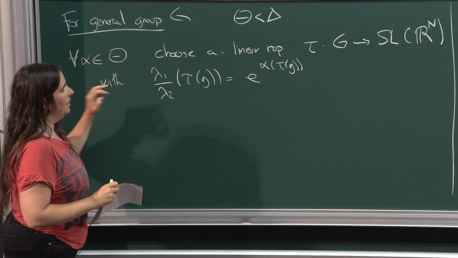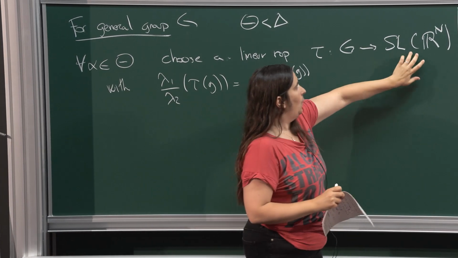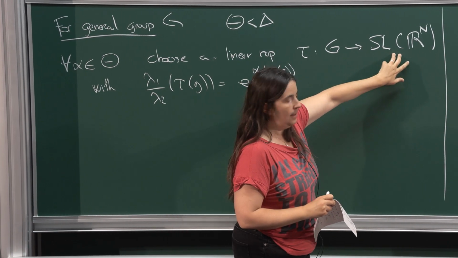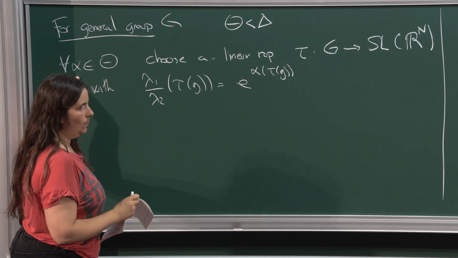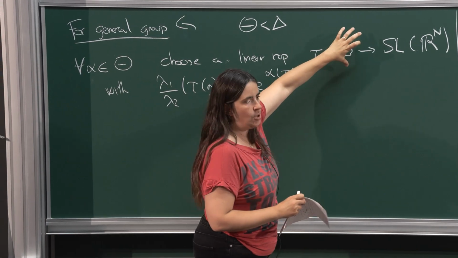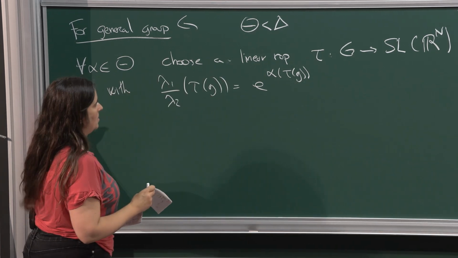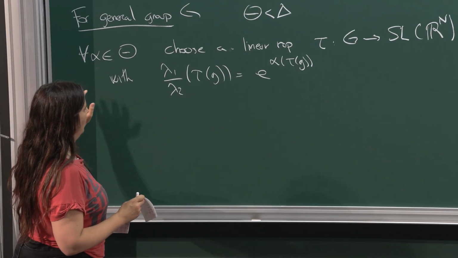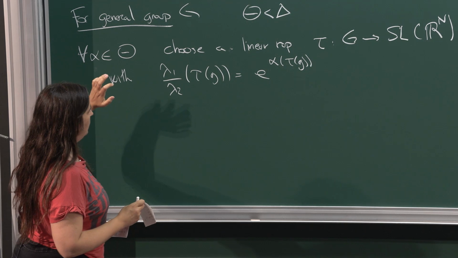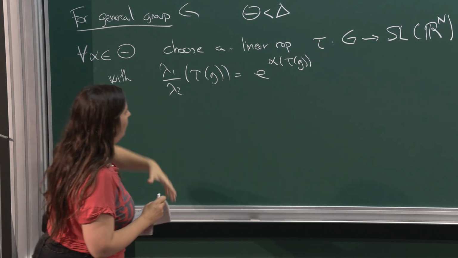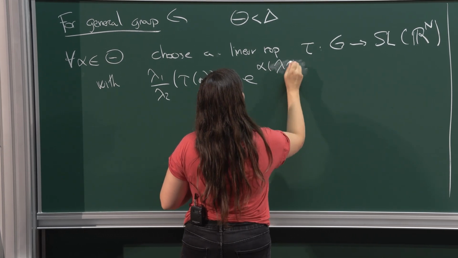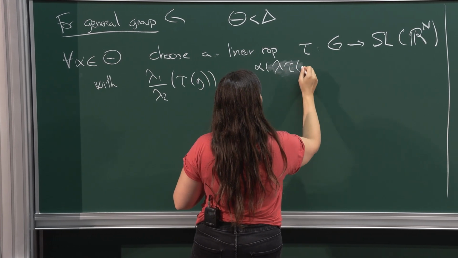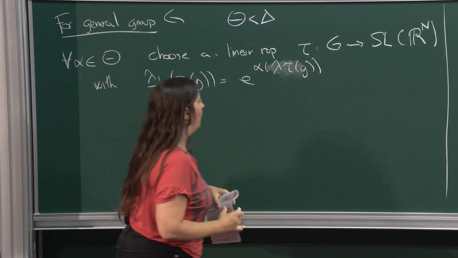So I want that if I compute the first root in SL, I get the root that I wanted in theta, in G, when I restrict to the image of the Lie algebra of G. Yes, alpha of lambda, you're right.